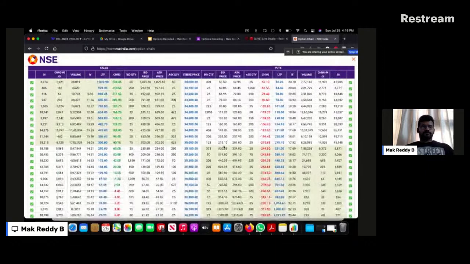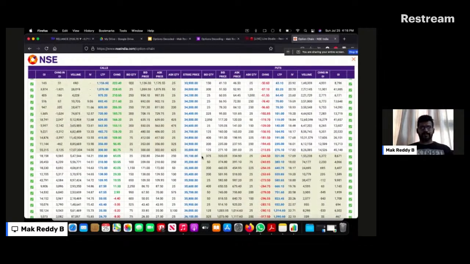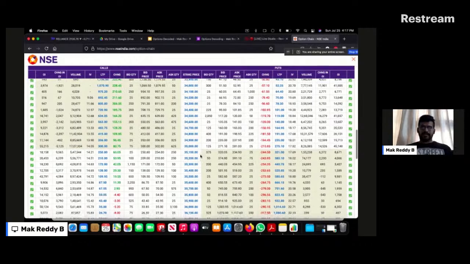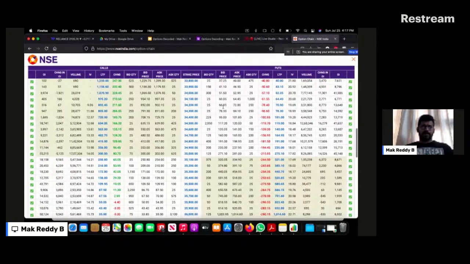Now you get a question: why so many strike prices? Why do we need this many strike prices to trade in options, and why do we require this many options? Why so much information, and why so much confusion? Basically, all this works as a part of insurance. It's like an insurance company. Options and futures are derivative instruments which are a part of hedging instruments. These were not invented basically to trade.